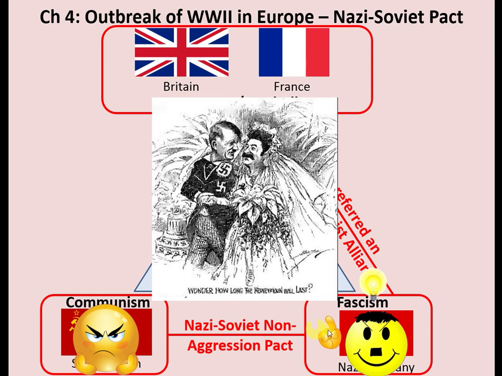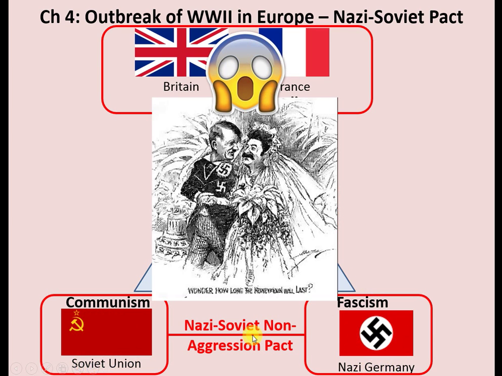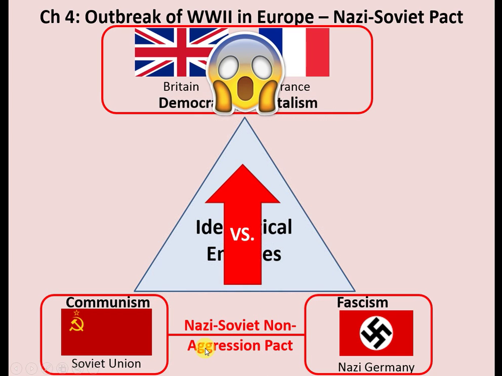Okay, the details I'm not going to go through here, but in very quick summary, this made the British and French really alarmed because they would not have expected the communists and the Nazis to form a pact, because they hated each other, right? So this came as a big shock to Britain and France. And this eventually facilitated the German invasion of Poland.